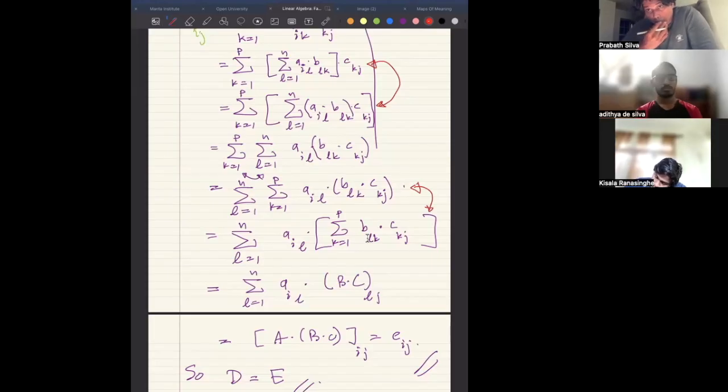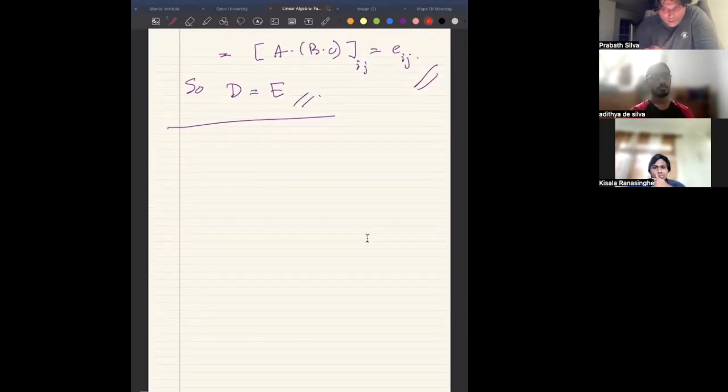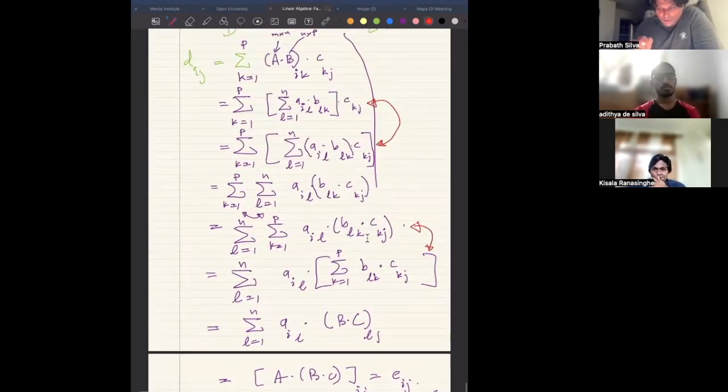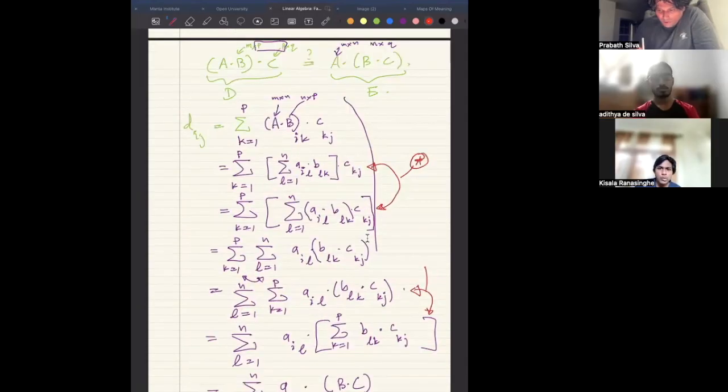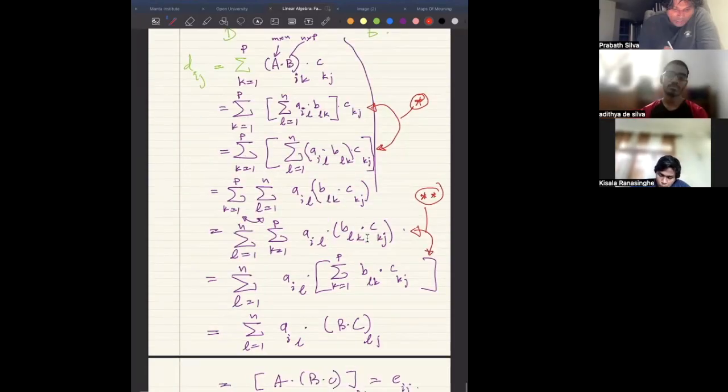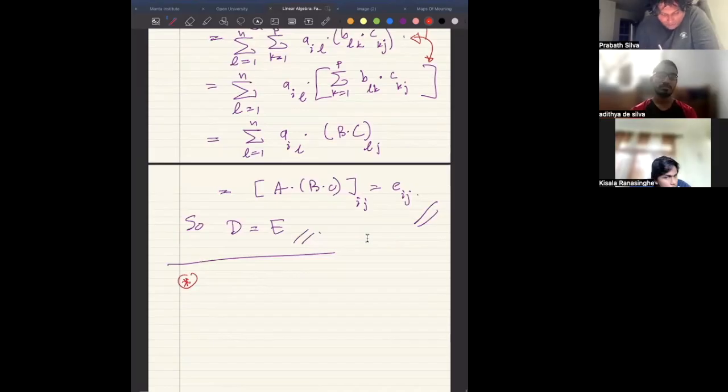So what's happening here? We have a sum inside, and you are multiplying by something outside, and then you remove the bracket by multiplying from the right hand side. What we're using, we call this thing star, and this thing double star. The star is the bigger version of this property.